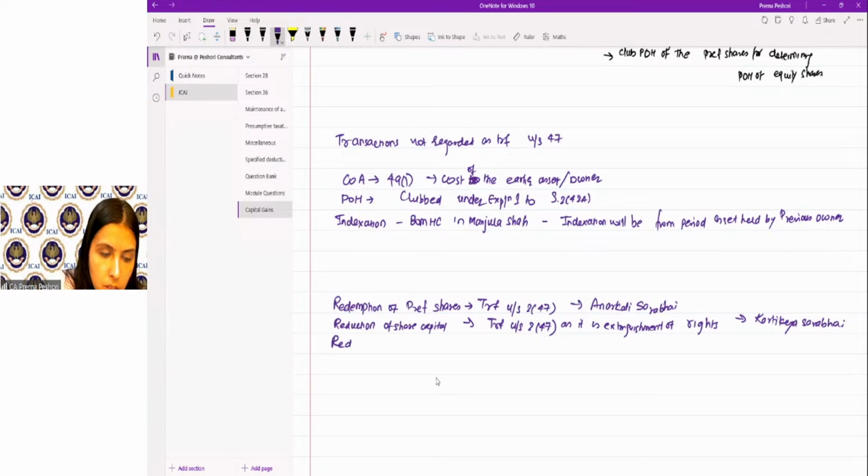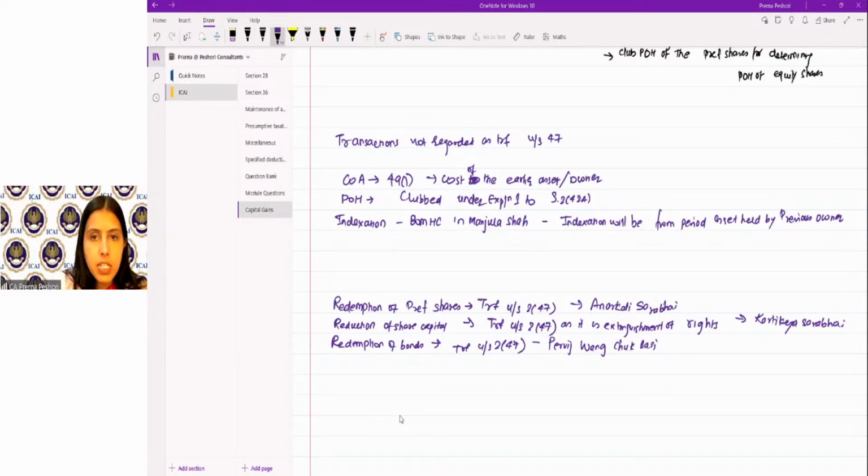Then redemption of bonds. This is also transfer under section 2(47) for the same logic, that there is extinguishment of the right and also a relinquishment of a right in the asset in lieu of which the assessee is receiving the cash. Clear? This is the Peerless Ventures decision. Clear? Are we clear?